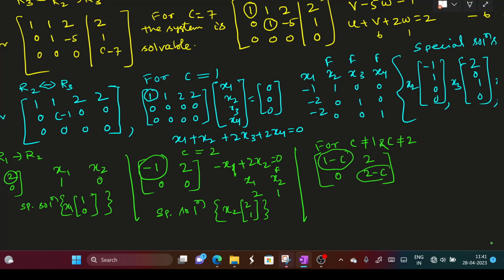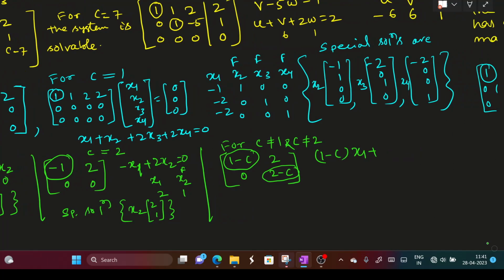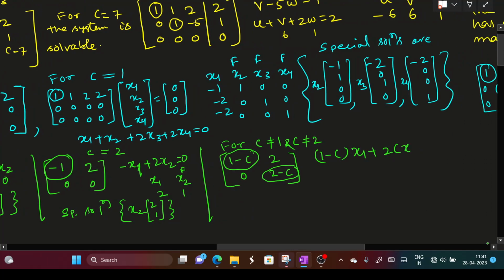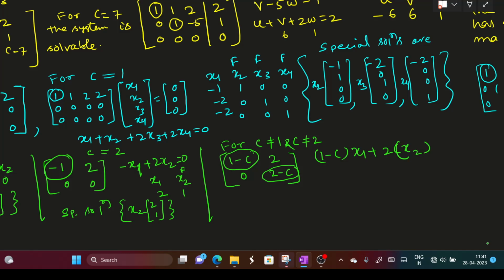That means both variables are pivot variables. So what will we get? The equations are 1 minus c into x1 plus 2x2 is equal to 0. Actually, these brackets are not necessary. The second equation is 2 minus c into x2 is equal to 0.